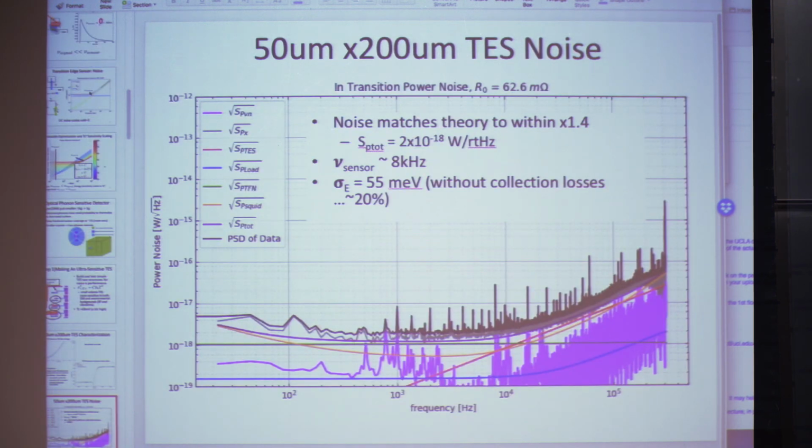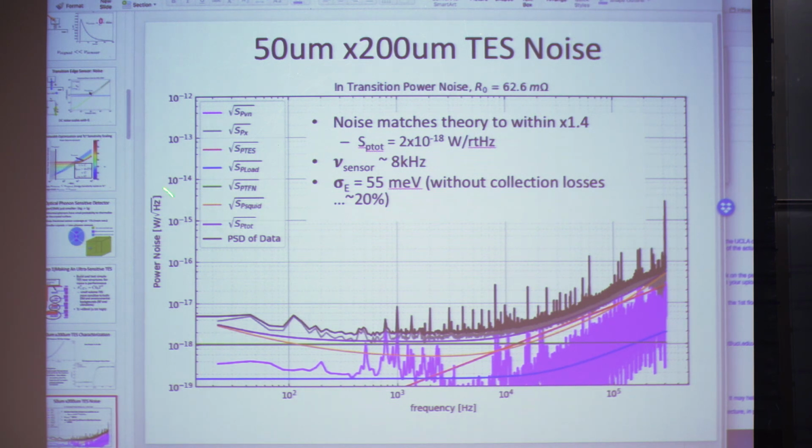So here is the actual noise that we measure, and we're doing pretty good. That basic intrinsic theory we talked about earlier, which was Johnson noise plus TFN noise, plus thermal fluctuation noise on the thermal conductance, is basically these terms here.